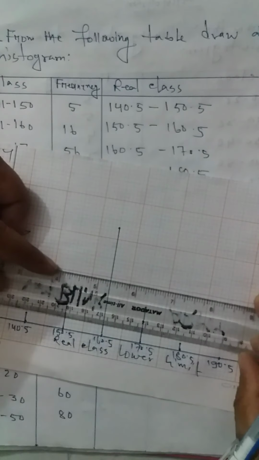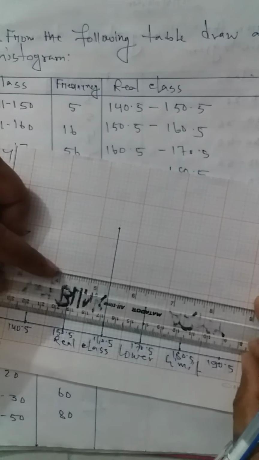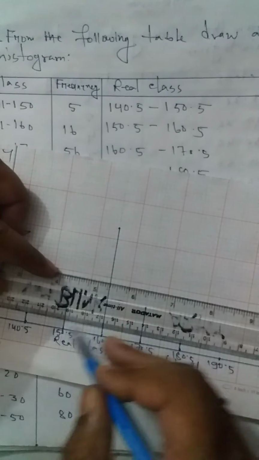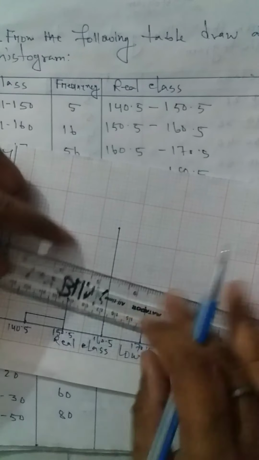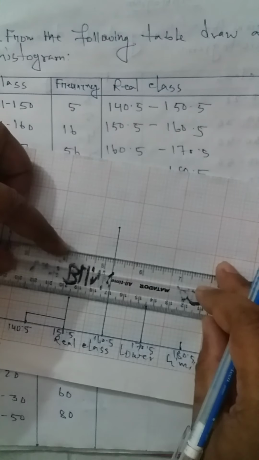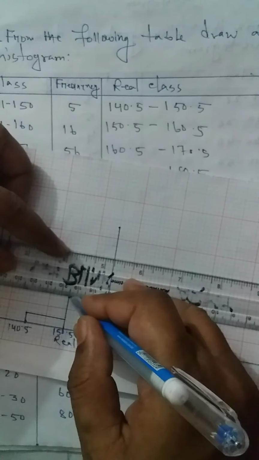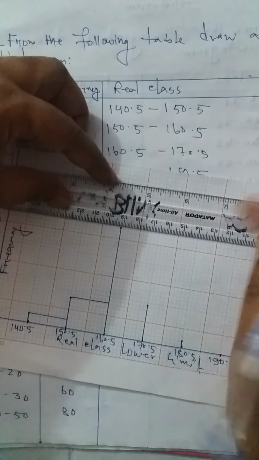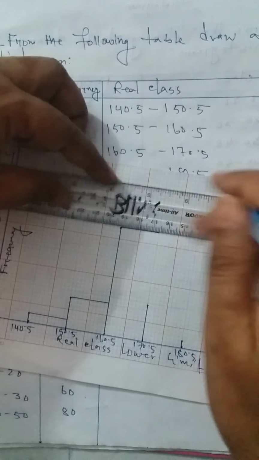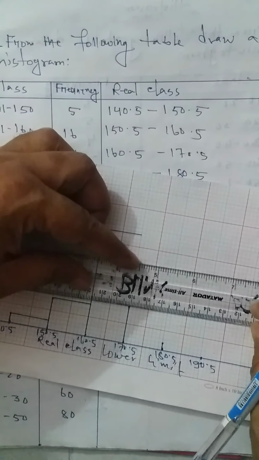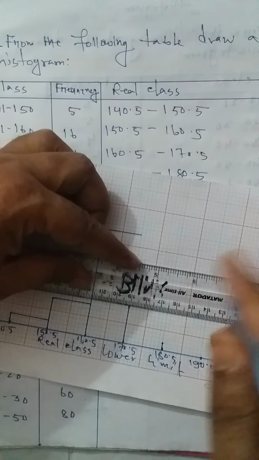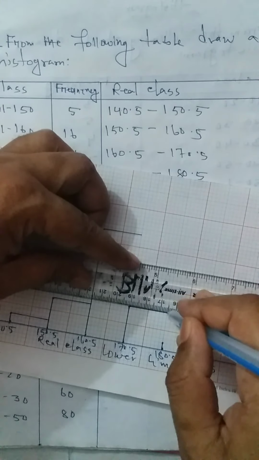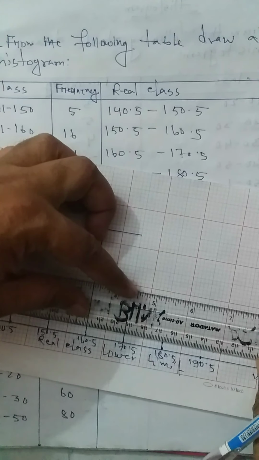Now add the right hand side. Adding the right hand side. Same way, adding the right hand side.